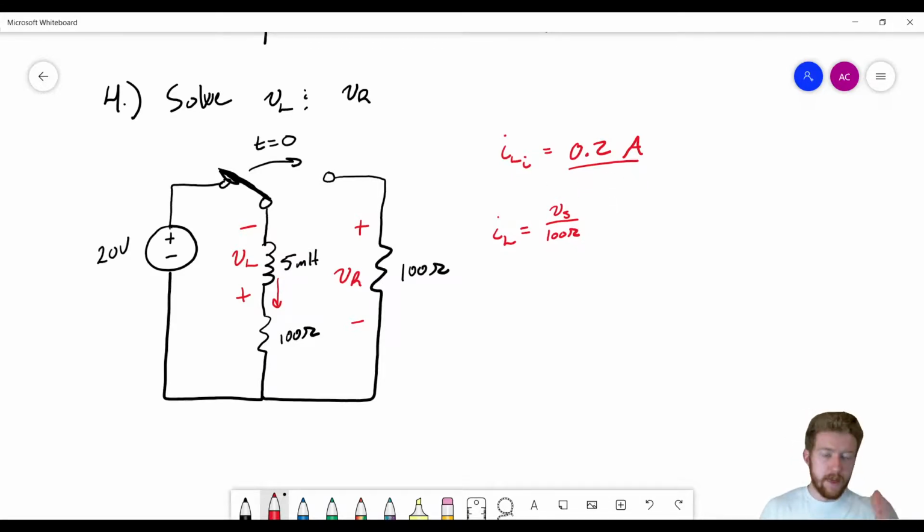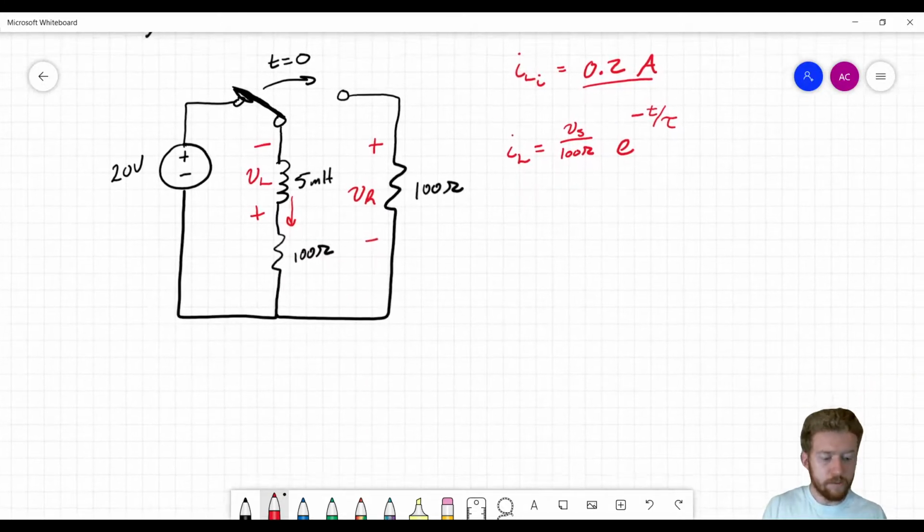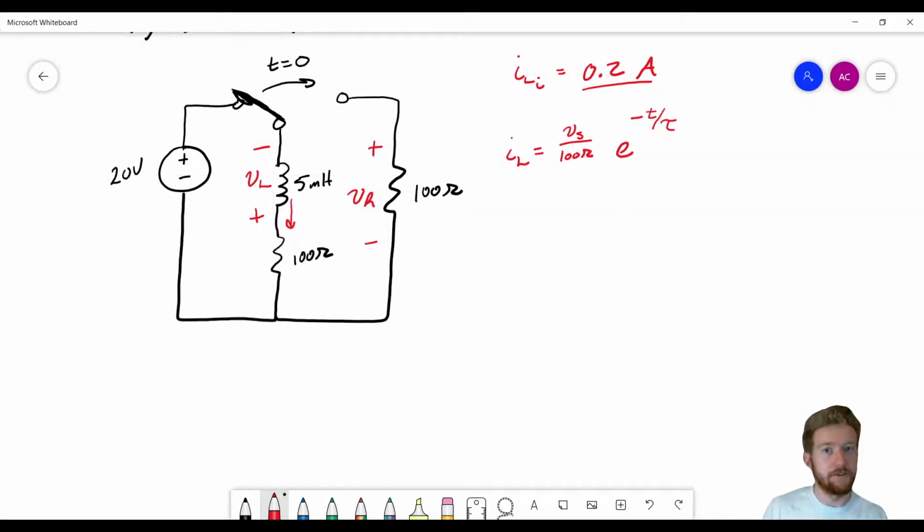And then from there, it's going to decay downward, because that inductor can't supply current forever, at a rate of e to the negative t over tau. This one is actually a little bit interesting, because you might be thinking, well, tau we said is L over R, but which R do we use in this case?